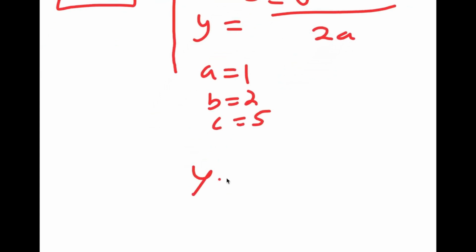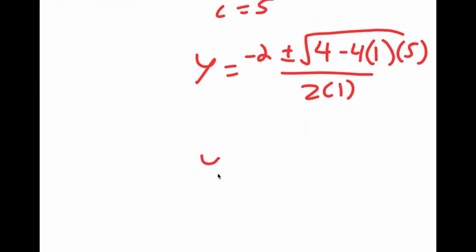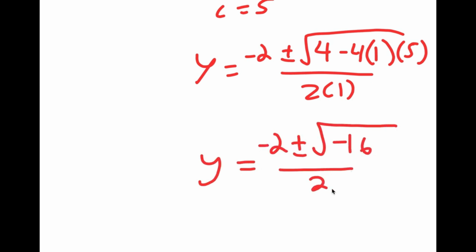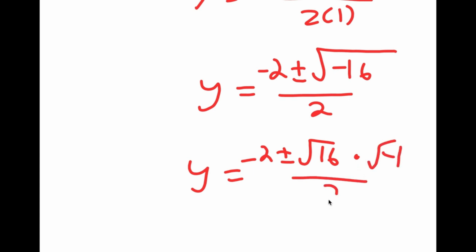So I get y is equal to negative 2 plus or minus the square root of b squared, so 2 squared, which is 4, minus 4 times a, which is 1, times c, which is 5, all over 2a, so 2 times 1. And this is equal to negative 2 plus or minus the square root of 4 minus 20, which is negative 16, over 2. And I can write this as negative 2 plus or minus the square root of 16 times the square root of negative 1 over 2.